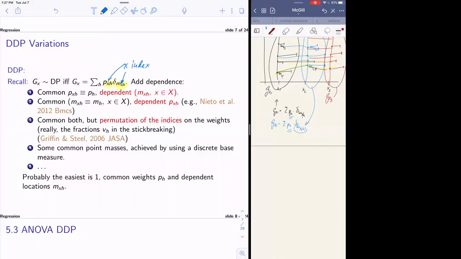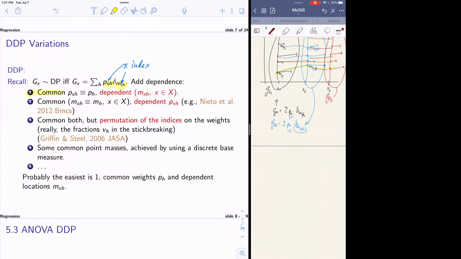So that's why the first variation is probably the most common one. I would call it the common weight DDP. So the common weight DDP is exactly what we had on the previous slide, where we only introduced the dependence on the covariate in the locations.